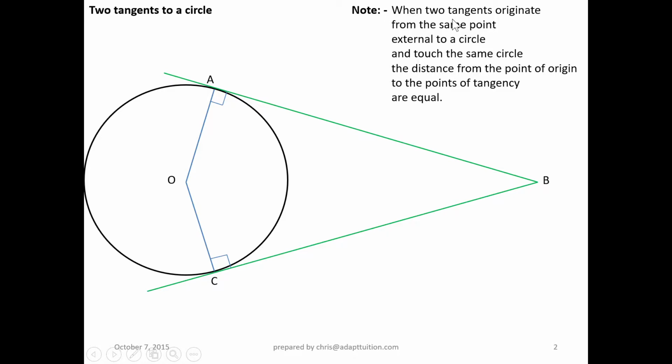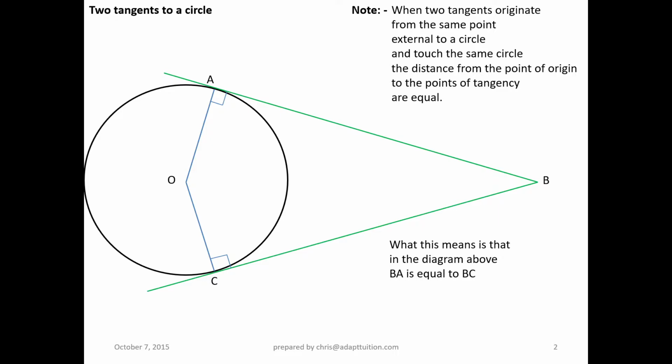So AB and CB are equal. In the diagram above, BA is equal to BC.